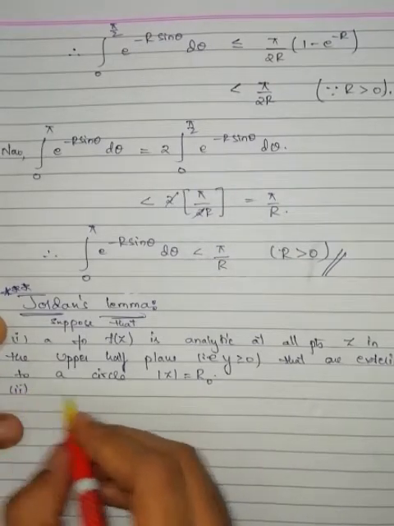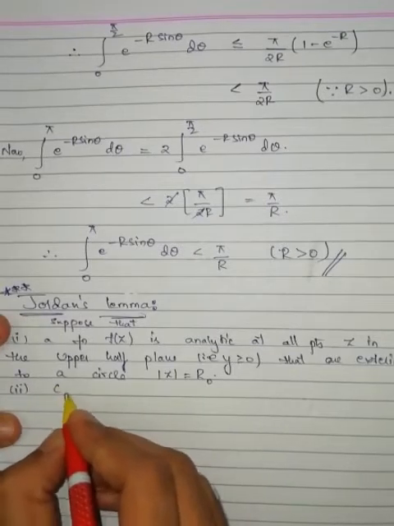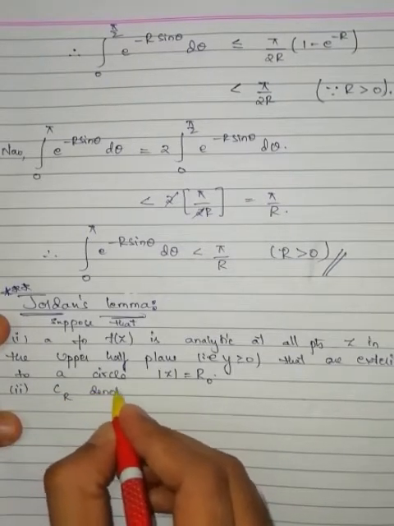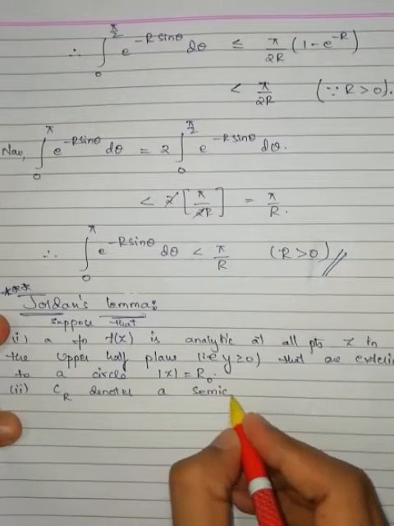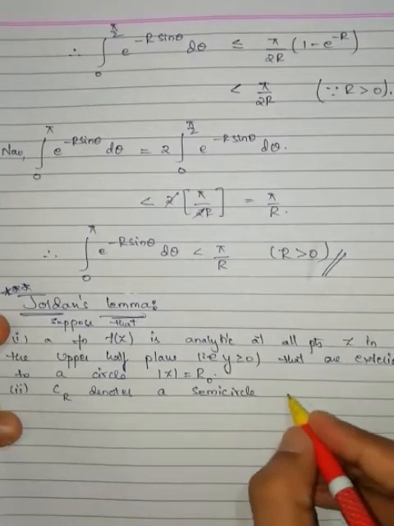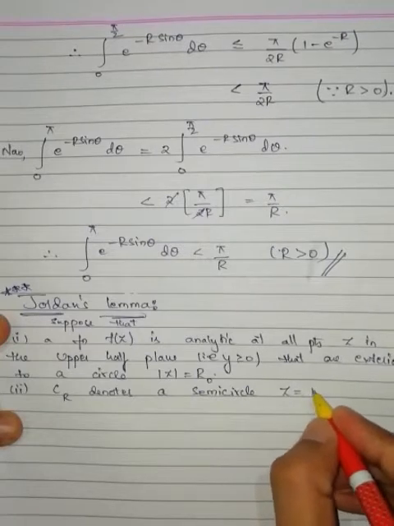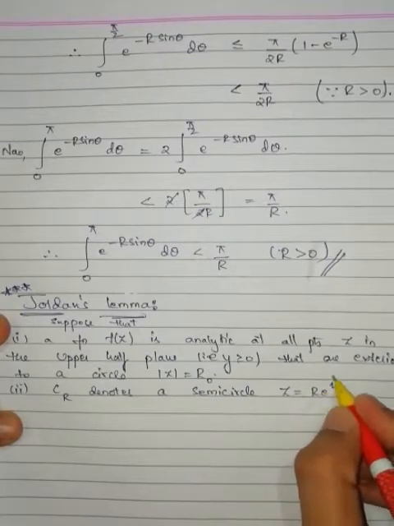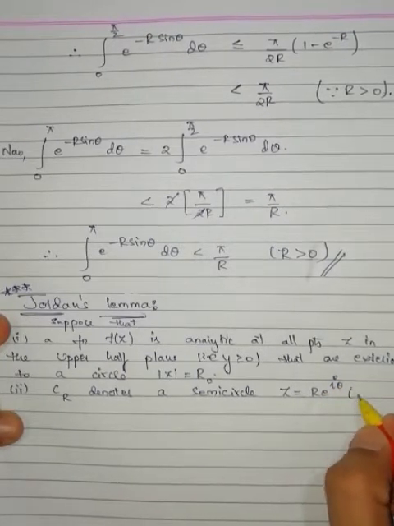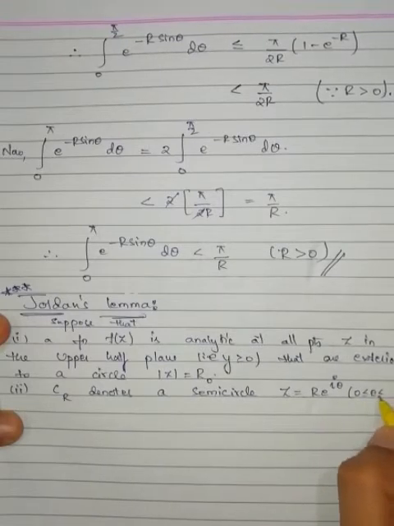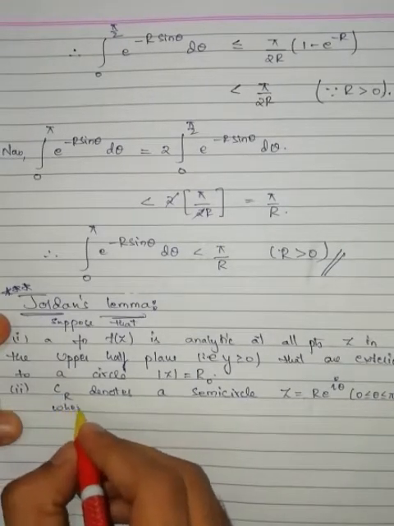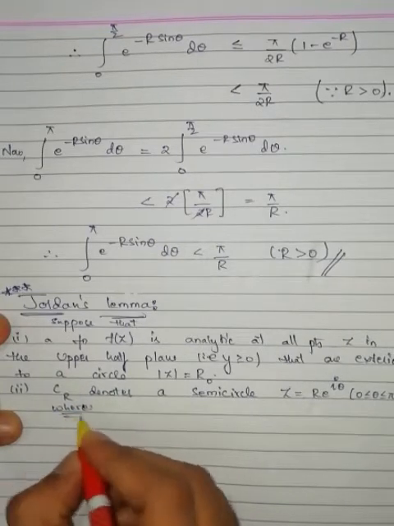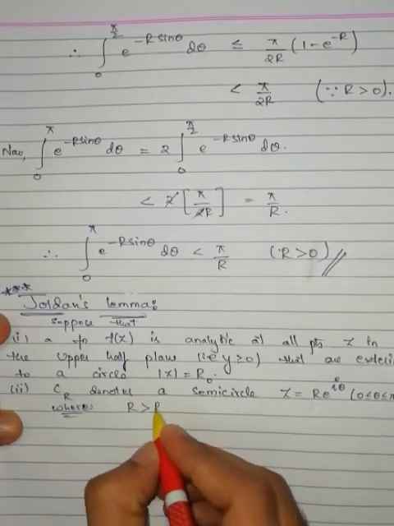Second one, CR denotes a semicircle z is equal to capital R e to the power of iota theta, where 0 less than or equal to theta less than or equal to pi, where capital R is greater than capital R naught.